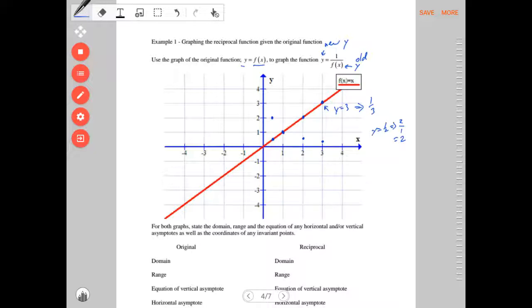Remember, 1 divided by small actually gets bigger. Say right down there the y value is 1 over 10. The reciprocal would be positive 10. So let's see, 4, 5, 6, 7, 8, 9, 10. That would be way up here.